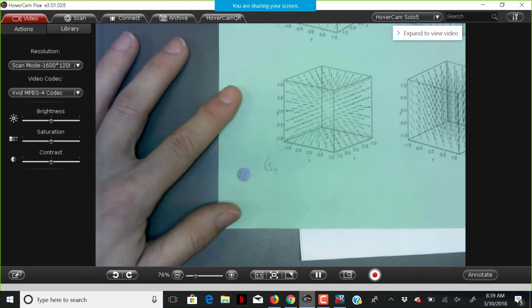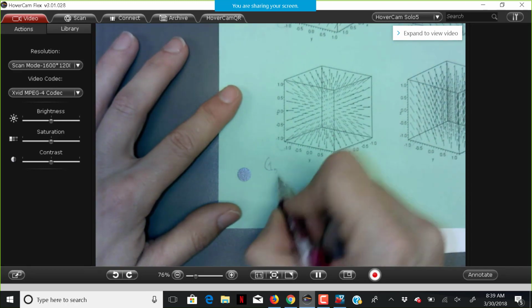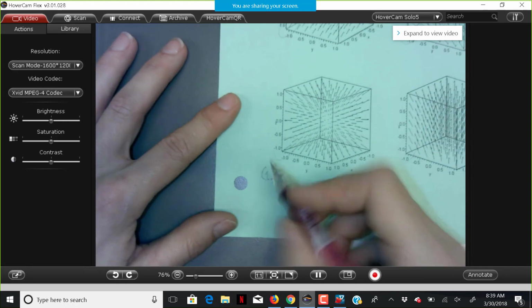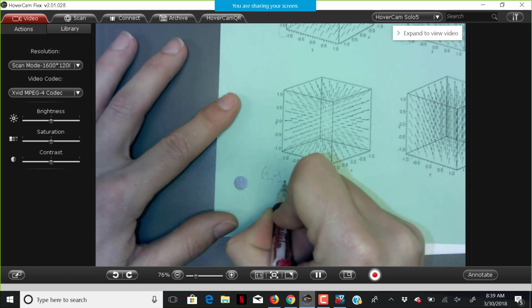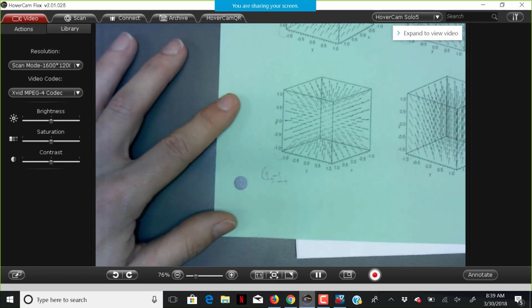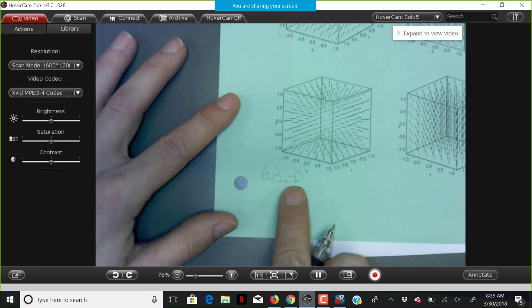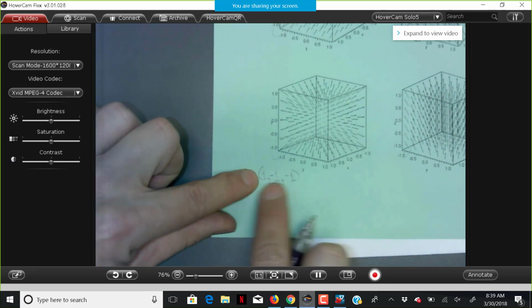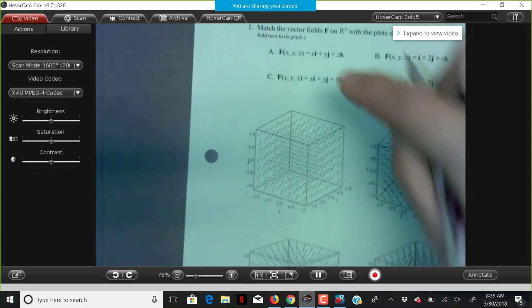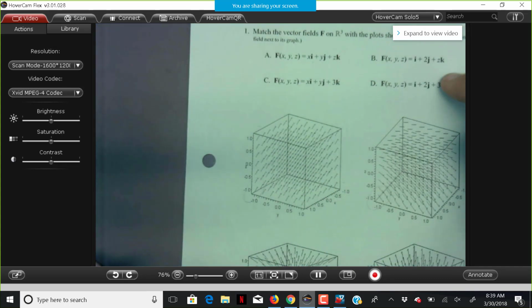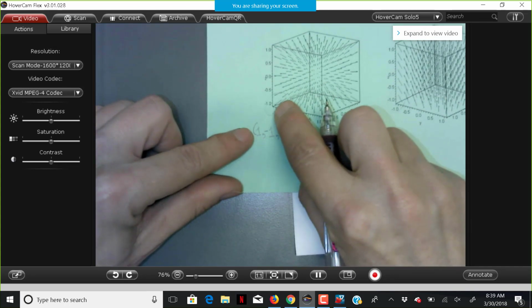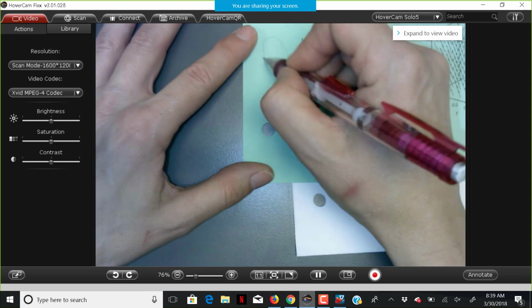What's the y? Negative 1. And that's true for all of them. And what's the z? Negative 1. That's true for all of them. So what you would do is plug this point into each of these 4.